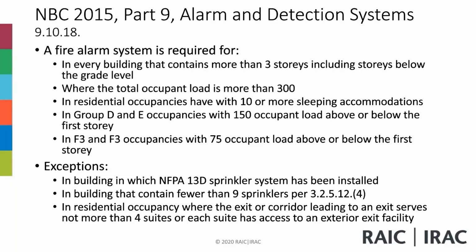But here, when we're looking at the fire alarm system requirement, we're looking at the number of stories in the building, including stories below grade level. So even though the building height is 3 stories, because obviously we are in a Part 9 building, it cannot be more than 3 stories, you might have different levels below grade, and the number of stories of those below levels will be counted when you're looking at the provision of fire alarm. Is that clear for everyone?